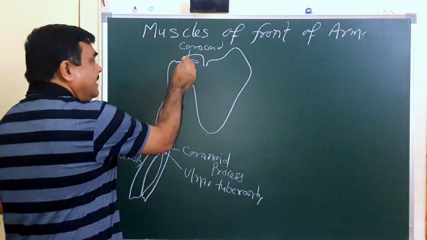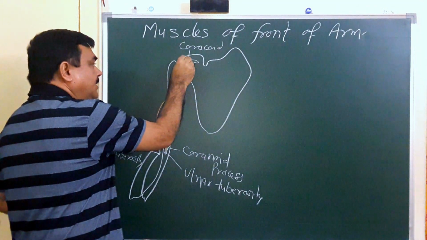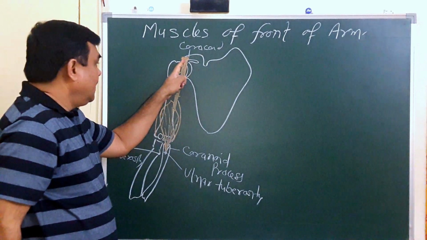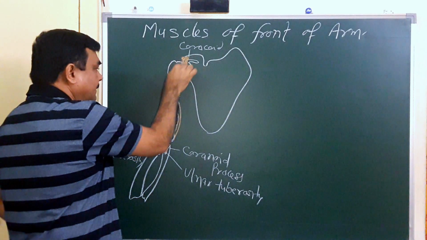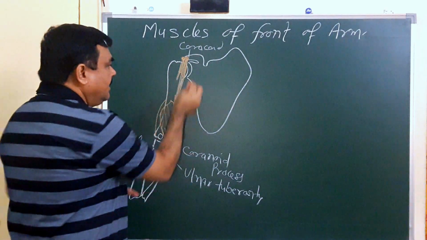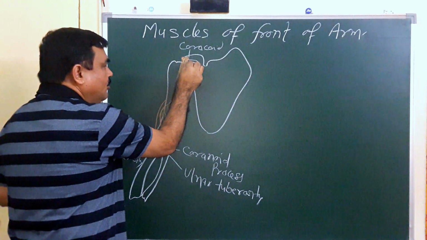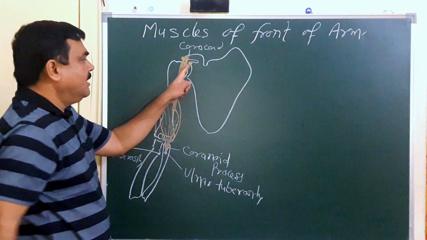Short head takes origin from the tip of the coracoid process along with coracobrachialis. This is the short head, and the long head takes origin from the supraglenoid tubercle. Here is the supraglenoid tubercle.